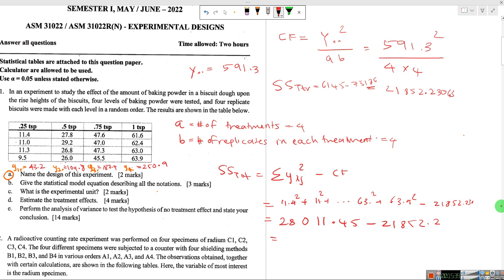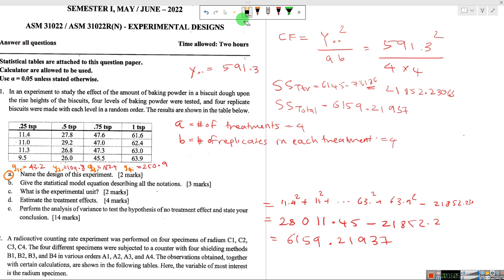So the answer is 6159.21937. Okay. So now we can construct this Anova table. SS total is equal to 6159.21937. Okay, right.